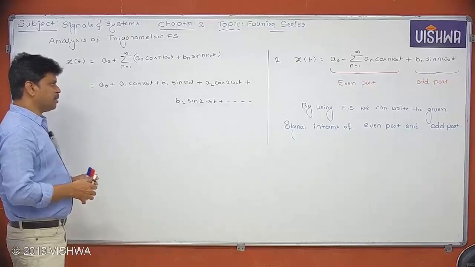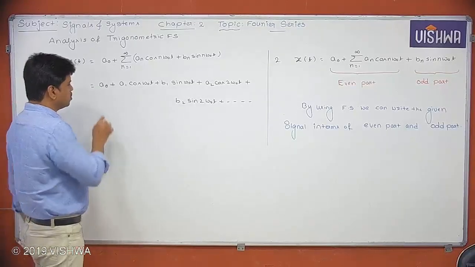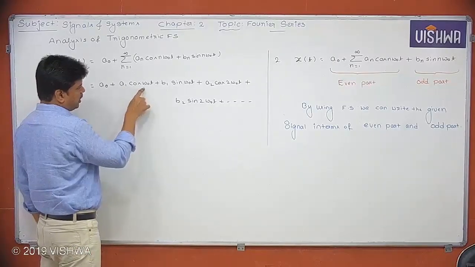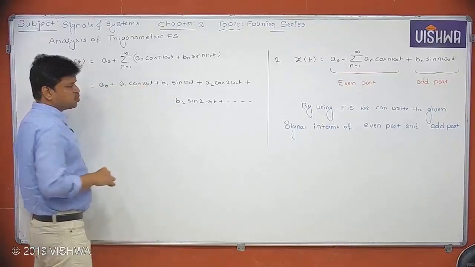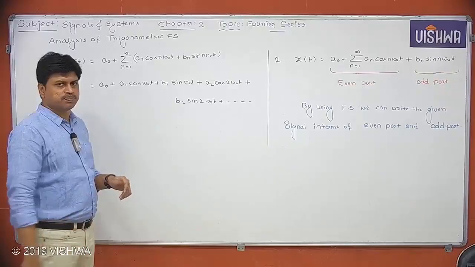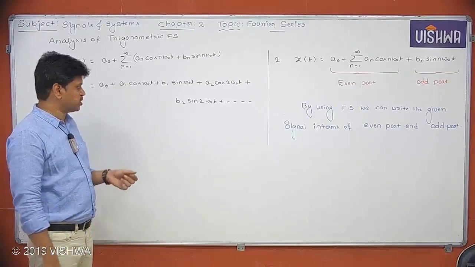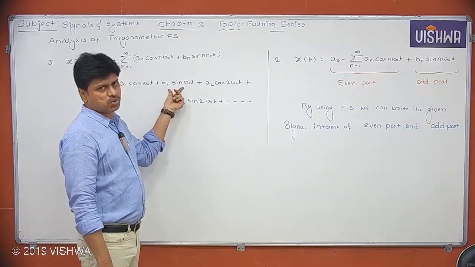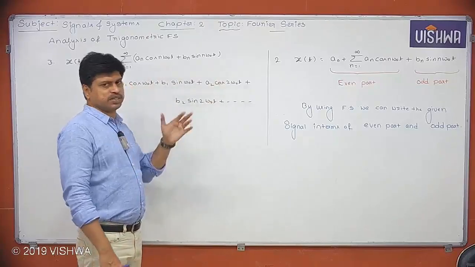Now observe carefully what I am trying to say. Take the first term a0 and a1 cos omega naught t. Can I simply say they are orthogonal to each other? Yes, we have seen that a constant and a cos wave are orthogonal to each other. If I consider a0 with any other term, they are orthogonal.